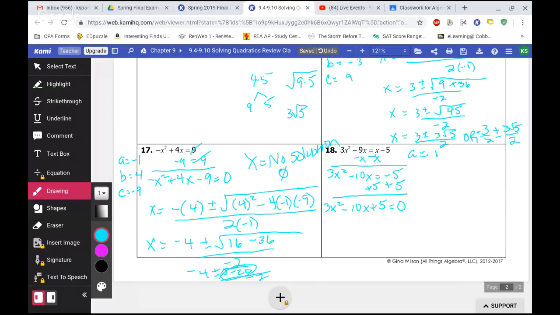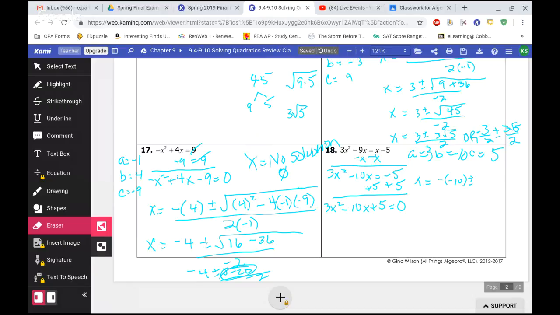Identify A, B, and C. So A is 3, B is -10, and C is 5. So x equals the opposite of -10 plus or minus. Maybe I should clarify this a little.